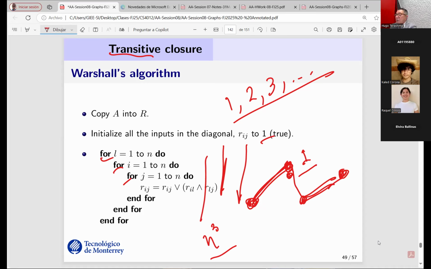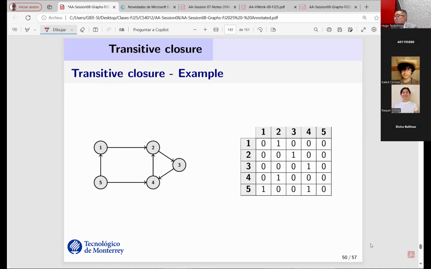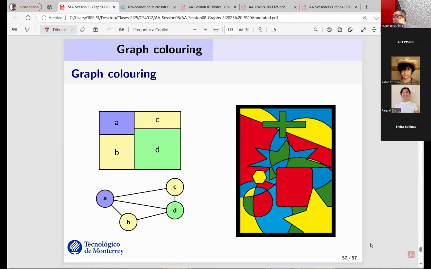So that's Warshall's algorithm for doing that. This is an example that you can go through at home.